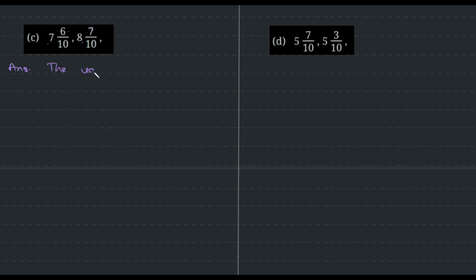So the values are increasing, that is for sure. By how much? You just need to subtract. So basically 7 is becoming 8. So 1, 6 is becoming 7. So 1 and 1/10. You guys agree?